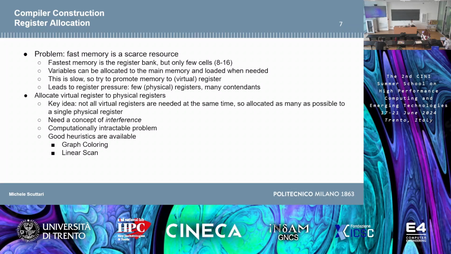So what is typically done is trying to put as much stuff as possible in the registers. Even if the principle is that when you declare a variable in the program, it gets allocated into the stack, this is not always true. The compiler tries to promote from memory to register, so to avoid storing variables in memory.